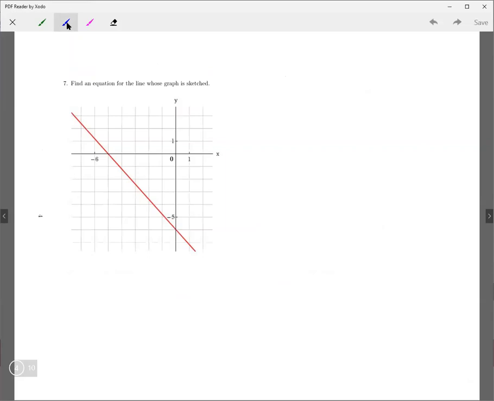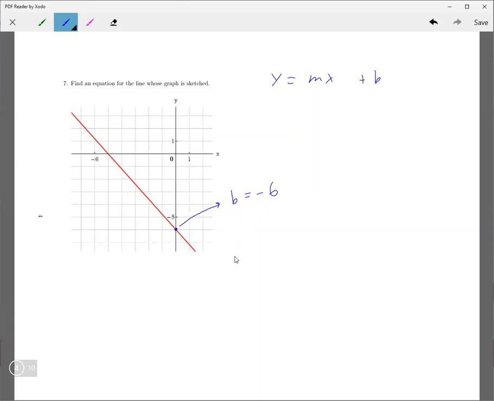Number 7, find the equation for the graph whose line is sketched. Okay, so the easiest way to do this is to, first of all, identify the y-intercept, which is negative 6. So we're looking at this form right here. We found b is negative 6.